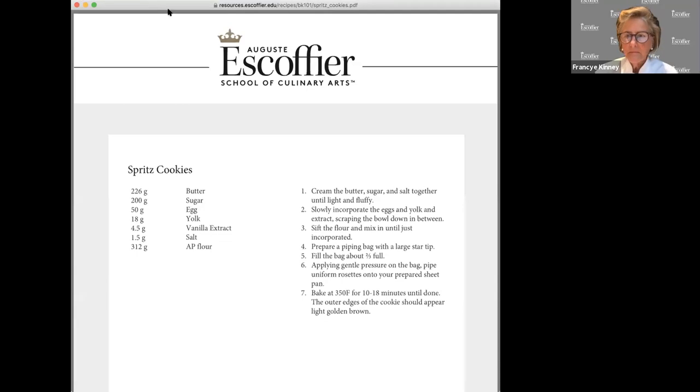This is a perfect example, something everybody's done this week. If you want to make more or less, we can figure out how many cookies you might get out of this. So let's take a look.